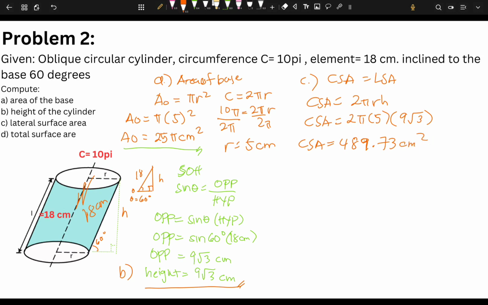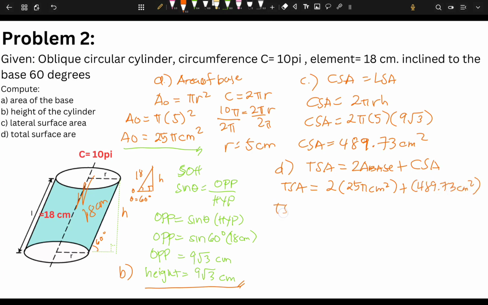And our last letter is D, which is total surface area. So, total surface area is equivalent to twice the area of the base plus our CSA. So, our TSA is twice the area of the base. Our area of the base is 25 pi centimeter squared plus our CSA, which is 489.73 centimeter squared.